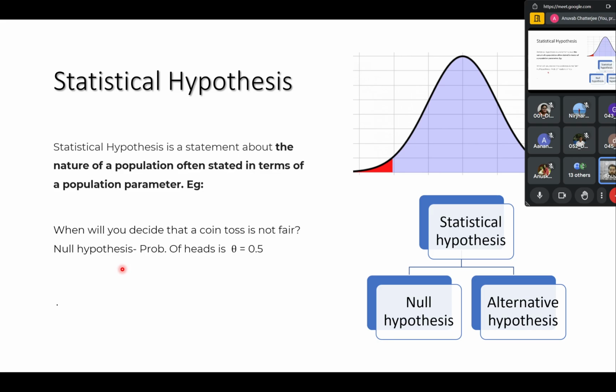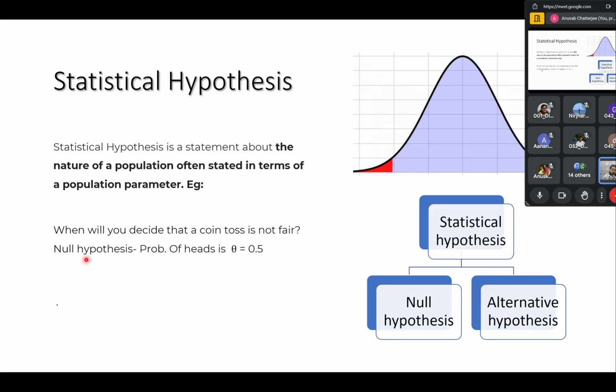Your question is: is the coin fair or not? You form a null hypothesis that the probability of heads is 50%, and an alternate hypothesis that the probability of heads is not 50%. The entire idea behind your experiments would be to reject the null hypothesis.